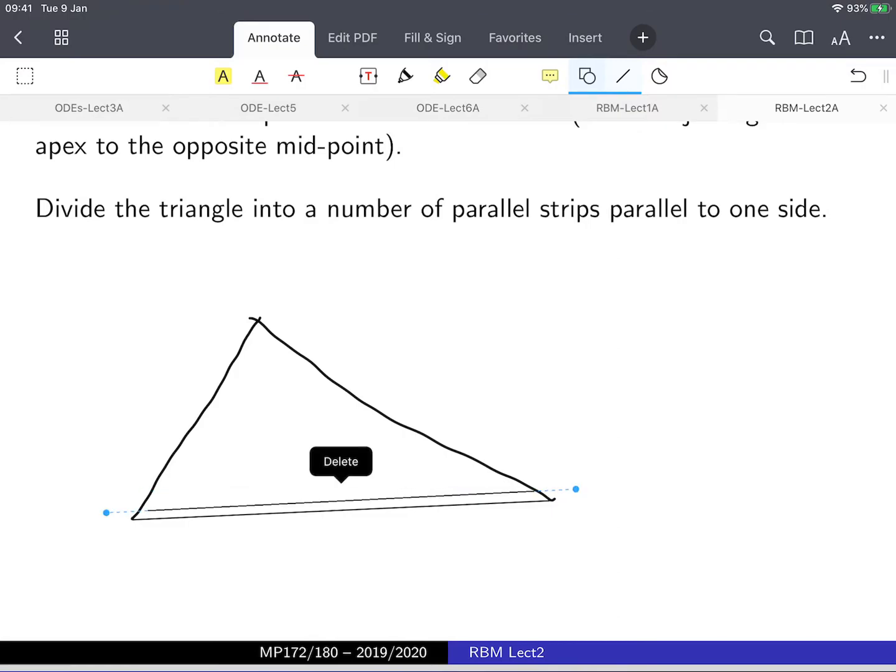Say I start from this edge here, and divide it up into thin strips, then add them all up. I know that for each strip, the center of mass is at the middle here, here, and so on and so forth. Here, that's going to be the center of mass.